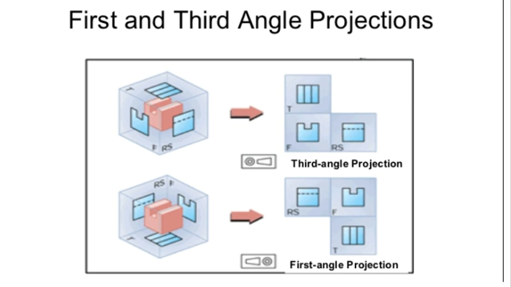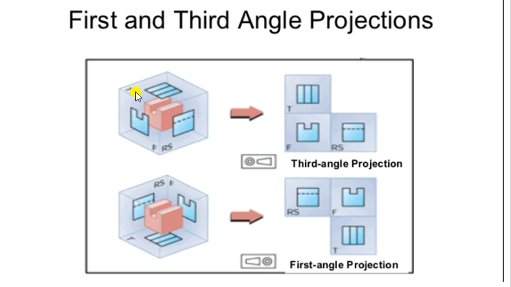Coming to next slide. Here you can see the object is kept and their top view, front view and side views are given. First look at the third angle projection method and the figure shown at the top. Here you can see the letter T represents the top view, F represents the front view.